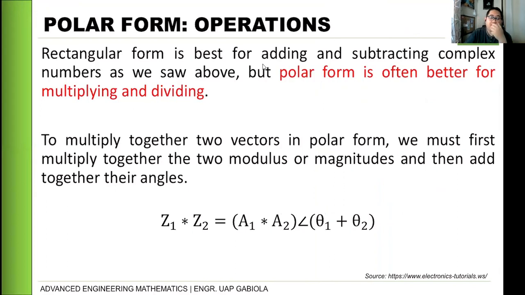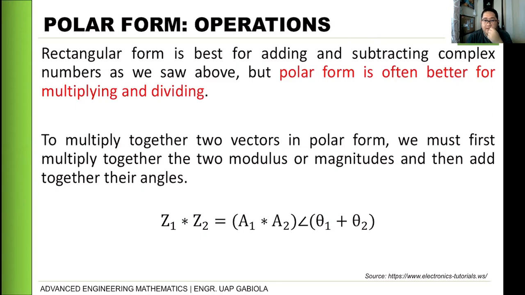Ngayon kay polar form, kapag multiplication tayo and division, di ba, pag sa rectangular form, kinukuha natin yung kanyang conjugate kapag halimbawa division siya. Then kapag multiplication, kailangan natin siyang i-distribute, no? Kung ano man yung kailangan natin gawin, i-foil method natin. Pero pag polar form siya, pwede natin siyang i-multiply and division.